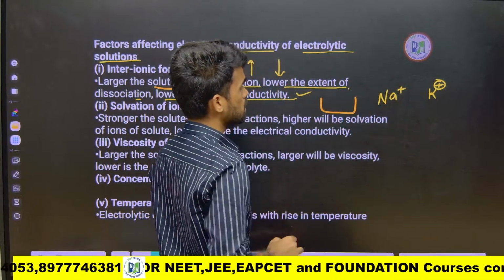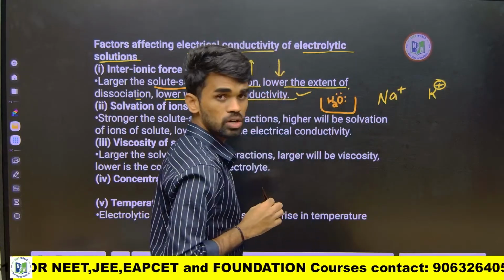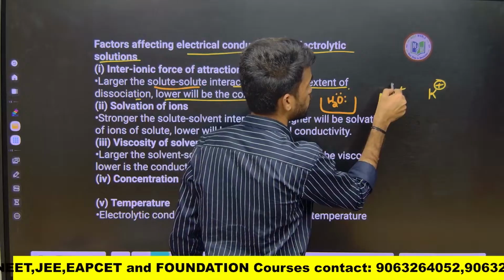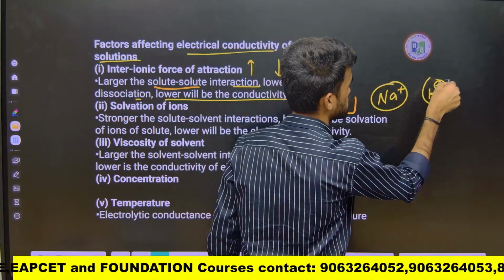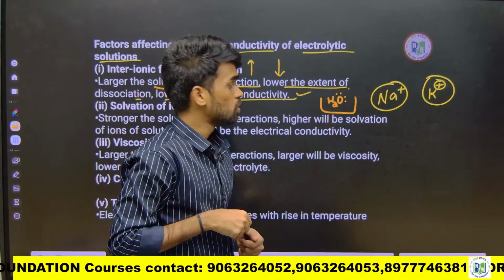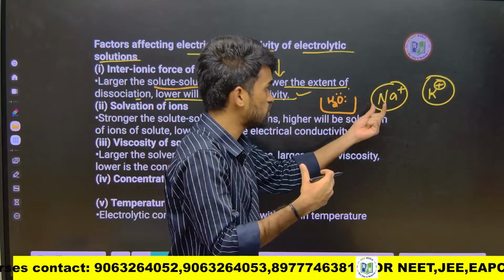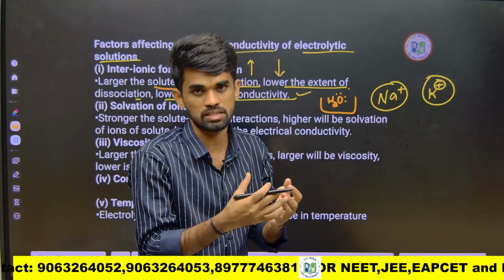The water molecules, having electron density, will surround these positive charges. When they surround them, the size of the ion is now what we call the hydrated ion size.